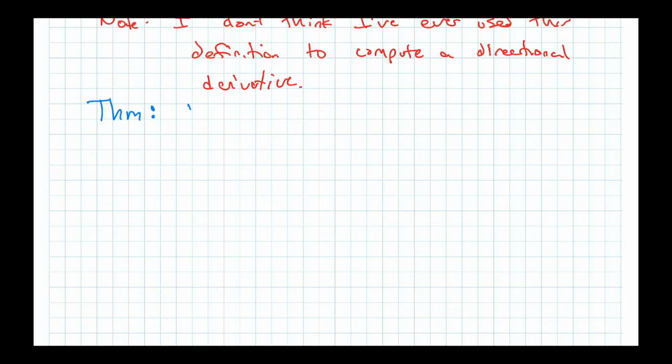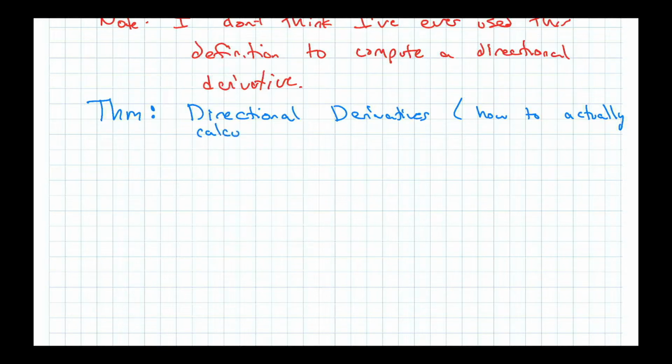This is how to actually calculate a directional derivative, because you don't use the definition of the derivative to calculate derivatives 99% of the time, and the same is true here. So that's where I'm going with this.